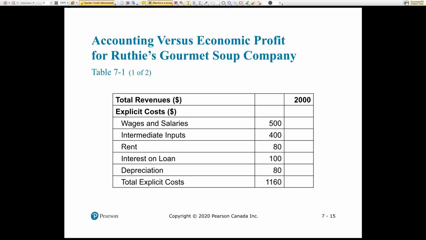You could also go to the bank and ask for a loan to rent your place too, but you can also buy it. And depreciation, since you have to replace your machines at some point. So the total explicit cost would be 1160.